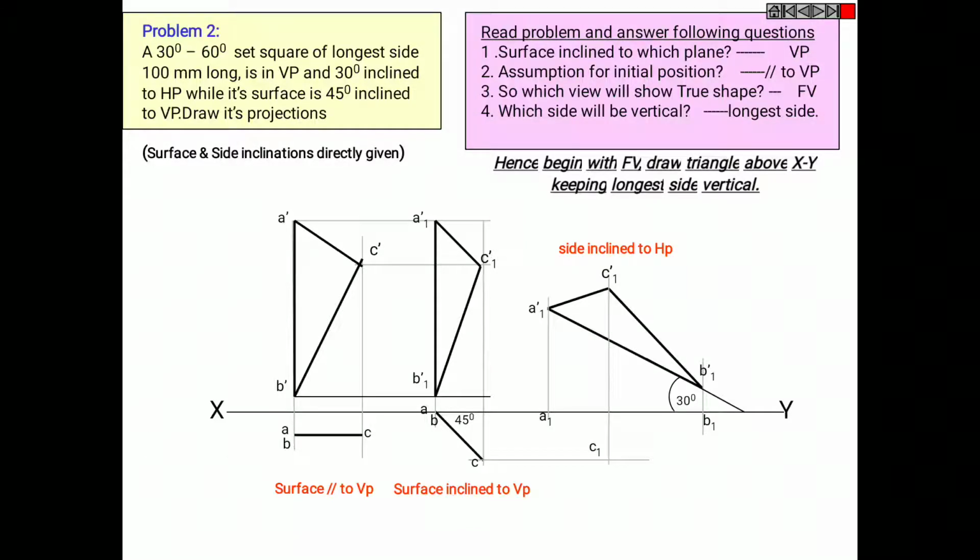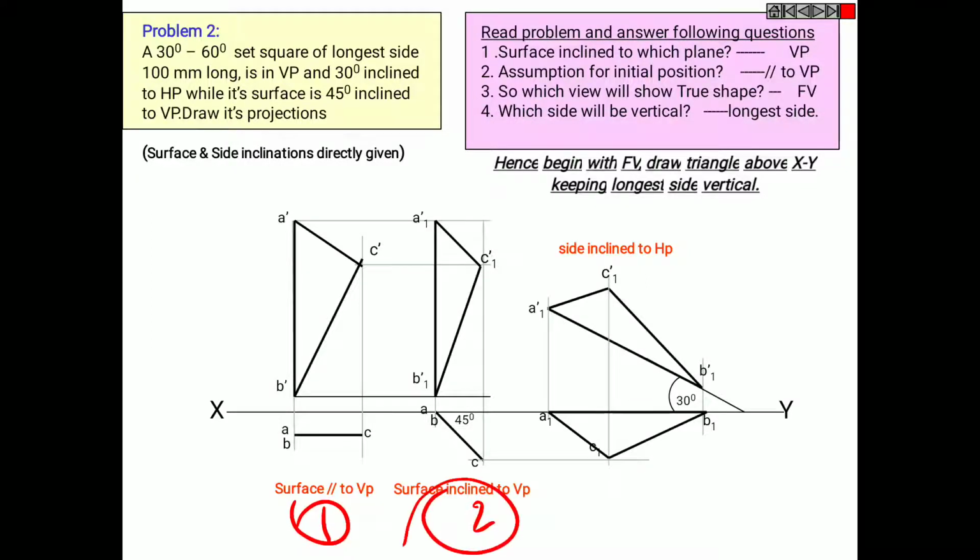So from all A1, C1, B1, drawing all this, it also looks like the same triangular view. So this will be your first case, and this is your second, and this is your third case.